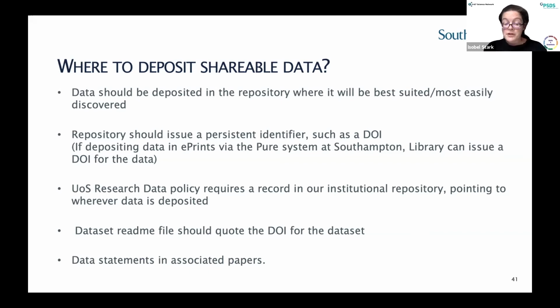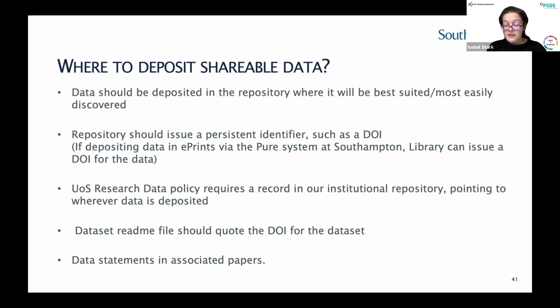Any repository where you do deposit data should give you a DOI. So if you're putting it in a generic repository like Zenodo, they will give you a DOI for the data set. Institutional repositories, for example, like ePrints at Southampton, we will give you a DOI for the data if you ask.